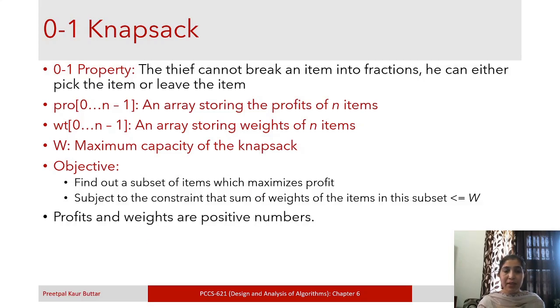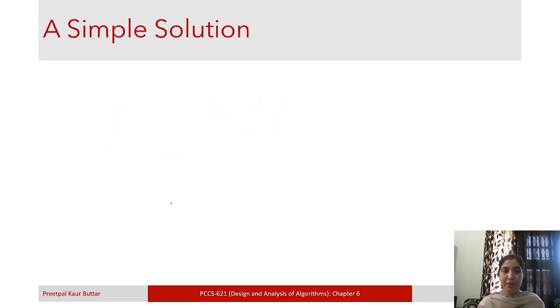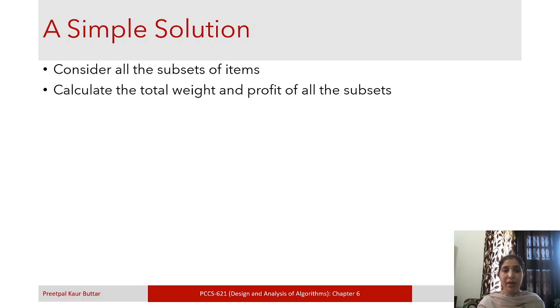So another assumption here is that the profits and weights are positive numbers. So what is the simple strategy to solve this problem? The simple strategy is to consider all the subsets of items, all possible subsets, right? Calculate the total weight and profit of all these subsets.